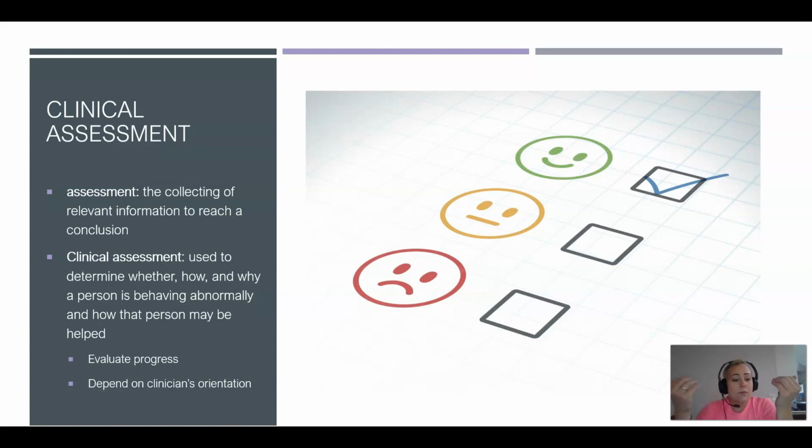Clinical assessments are important for not only figuring out how we can help a person and change any thoughts or behaviors that may be maladaptive, but also tracking their progress throughout a therapeutic procedure. And this is where we get into that idea I mentioned previously: the model and form of treatment may depend on a clinician's orientation.